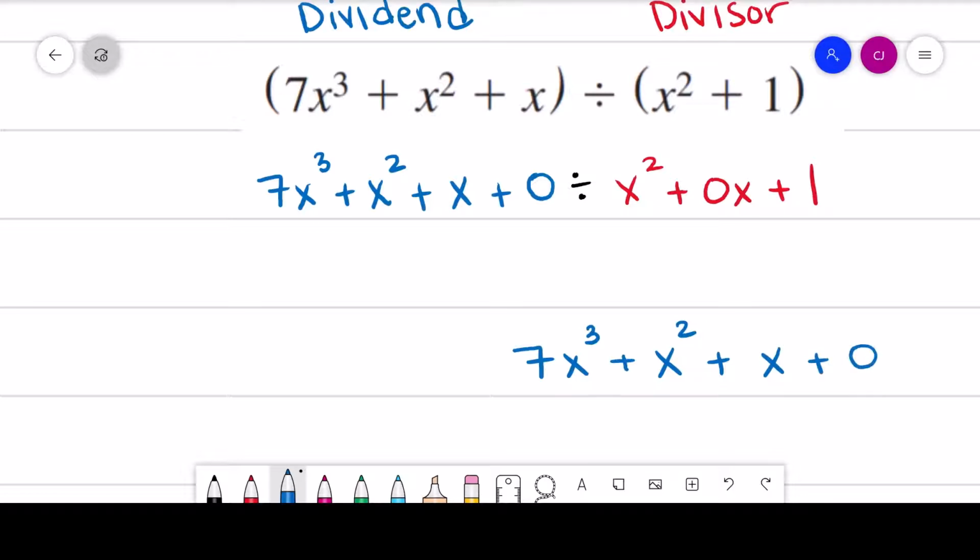And for the purpose of instruction, I like to put a number 1 in front of the variables that don't have numbers, just so that it reminds me that even though there's no number in front of the variables, there is one, and that's what we call the phantom 1. So I'm going to write a 1 here, and I'm also going to write a 1 here, okay? I'm going to then write this inside my division bracket.